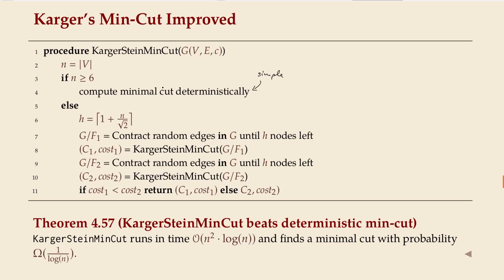That's much less a requirement than what we had before, where we had an unknown function L of n that could be of any size, where we had to compute the min cut deterministically. And if the graph has a certain size, then we contract it down to a certain size. So the point is h is the target size of the graph.